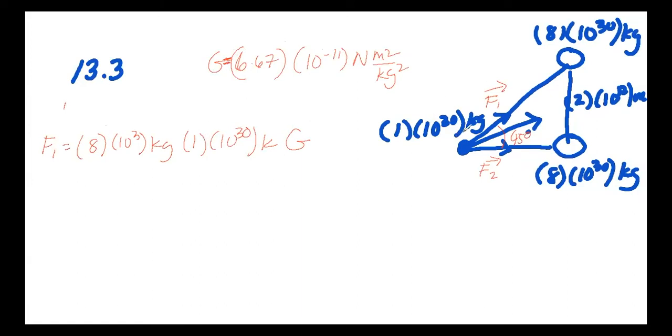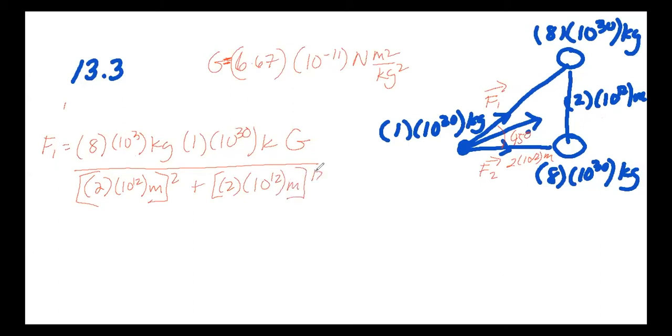And this distance, are we given that distance? No, we're given this distance, and we're given this distance, and that's also 2 times 10 to the 12th meters. So we got to figure that out. So we have that times G over, oh, it's squared anyway, so I don't have to square root it. 2 times 10 to the 12th meters quantity squared plus 2 times 10 to the 12th meters quantity squared.